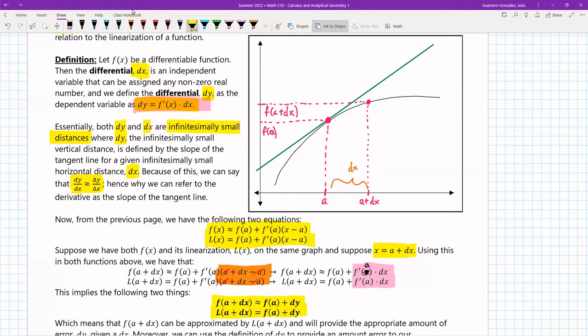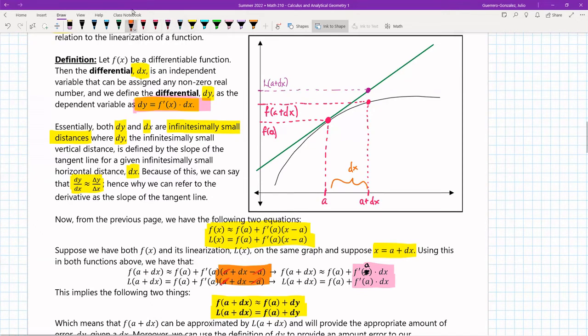Since L of a plus dx is basically this point right here, I'm gonna, bam, right there. So we're saying that this is L of a plus dx, right? That is equal to basically f of a.